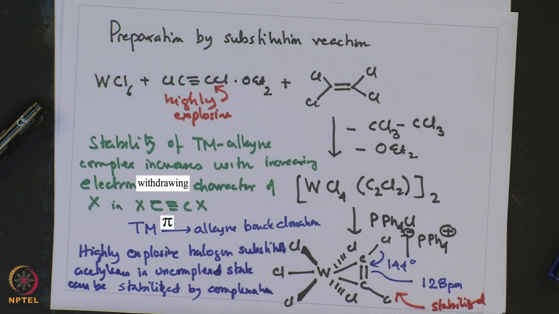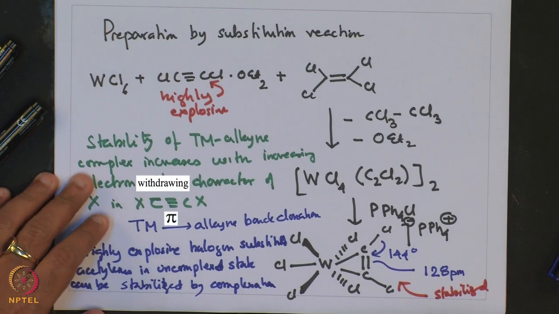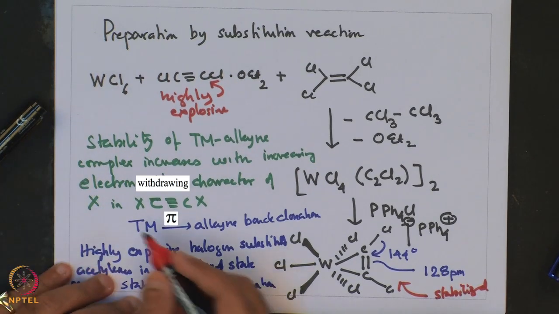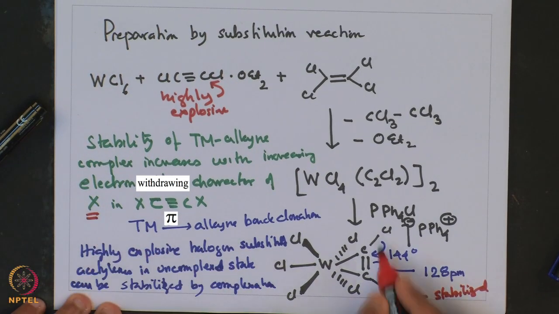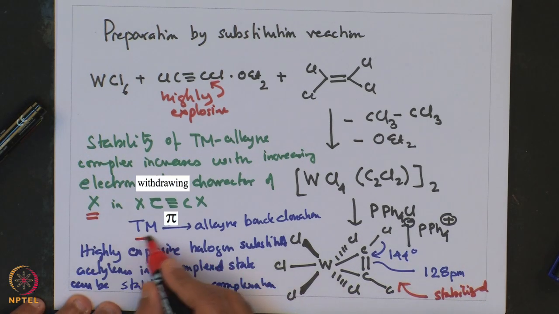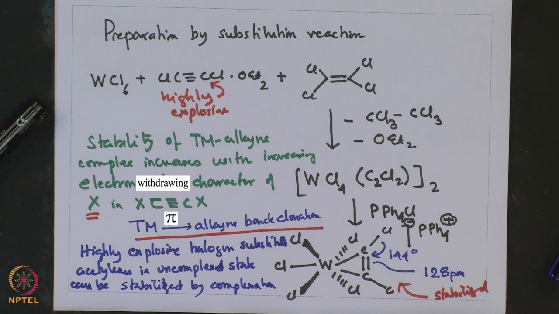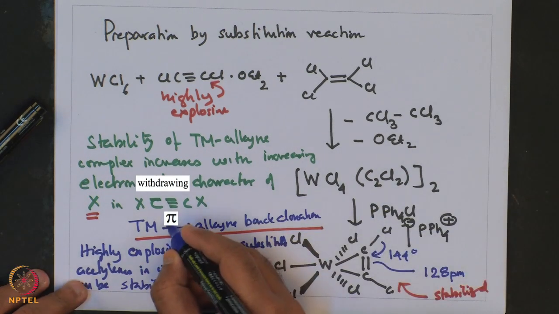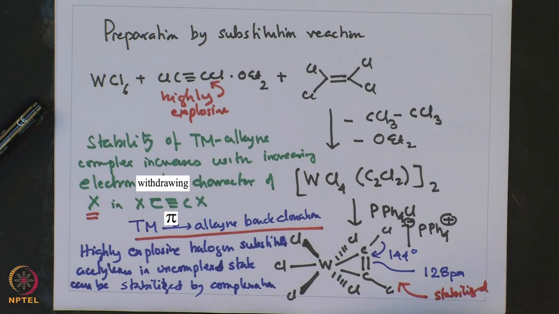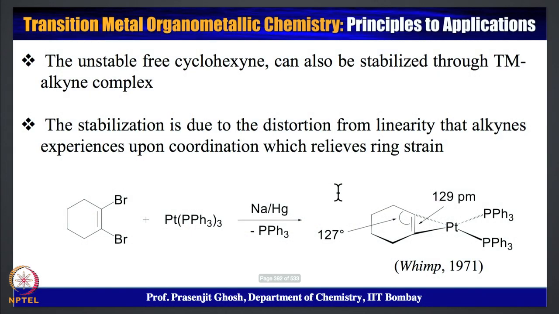So, that is very interesting, and this extra stabilization arises because of the electron withdrawing nature of this X, chlorine over here, resulting in transition metal to alkyne pi back donation, which results in the formation of the metallocyclopropene kind of intermediate.